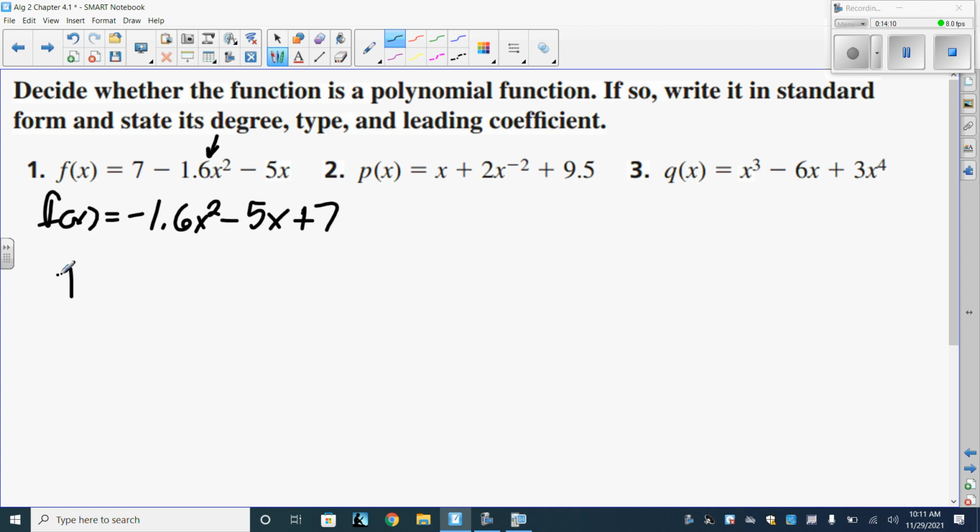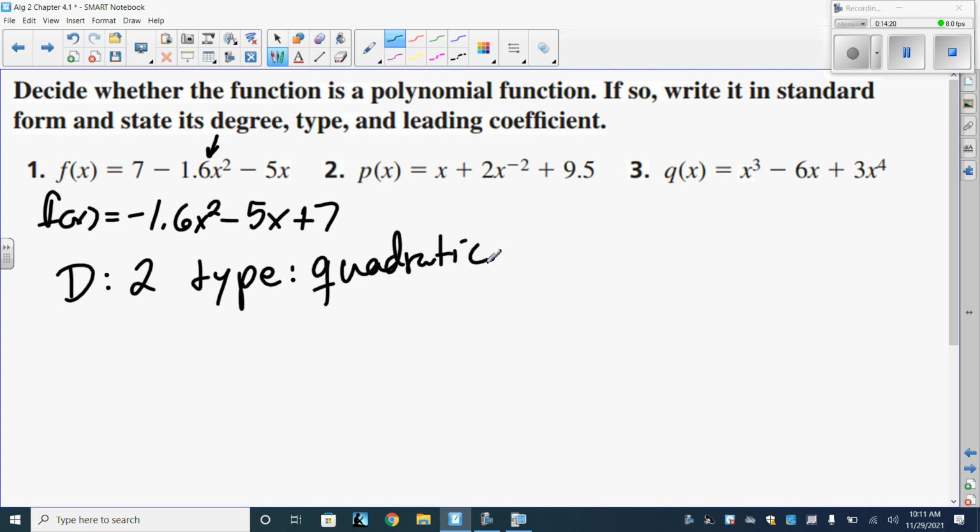The degree would be 2. Its type would be a quadratic. And the leading coefficient, negative 1.6. And that's it. Any questions on that one there?